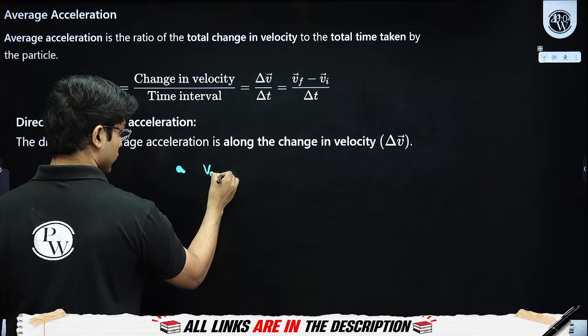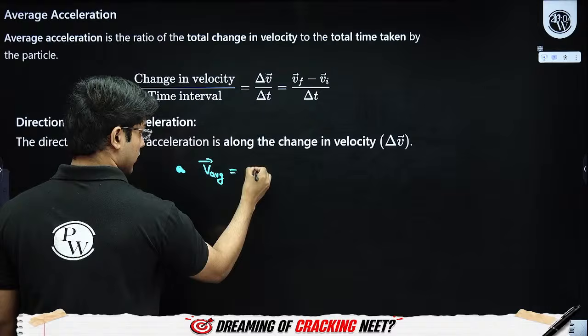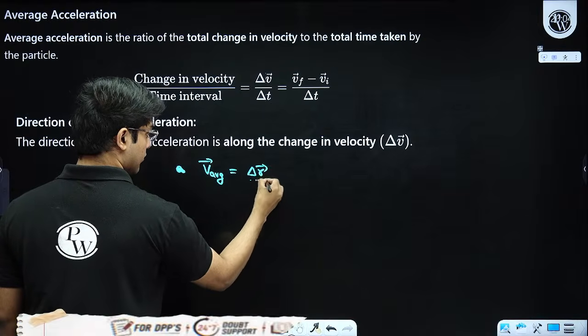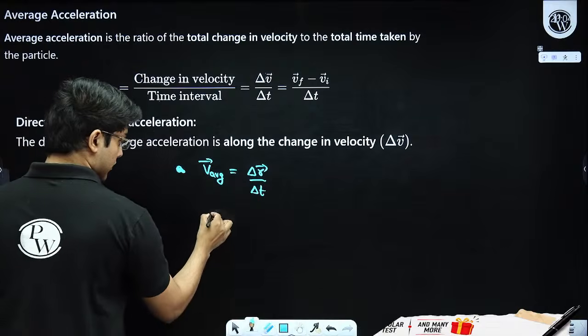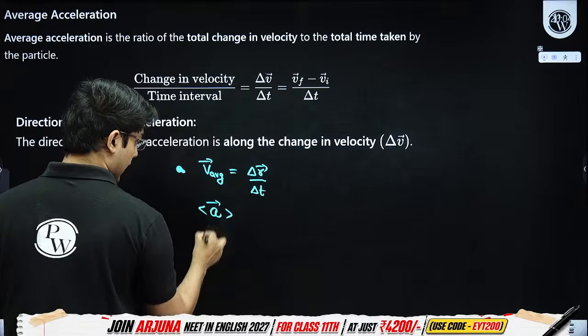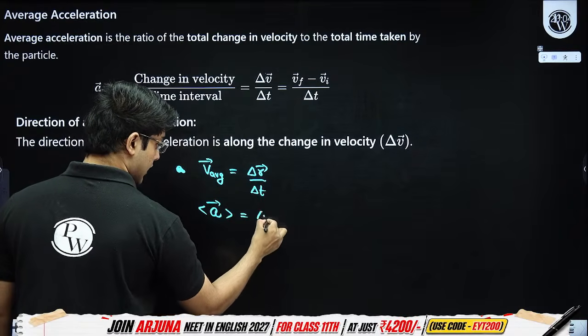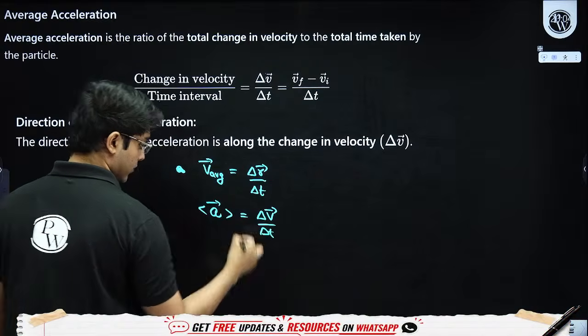Average velocity was delta r vector by delta t, change in displacement by time, and average acceleration will be delta v by delta t, the change in velocity vector in that time duration.